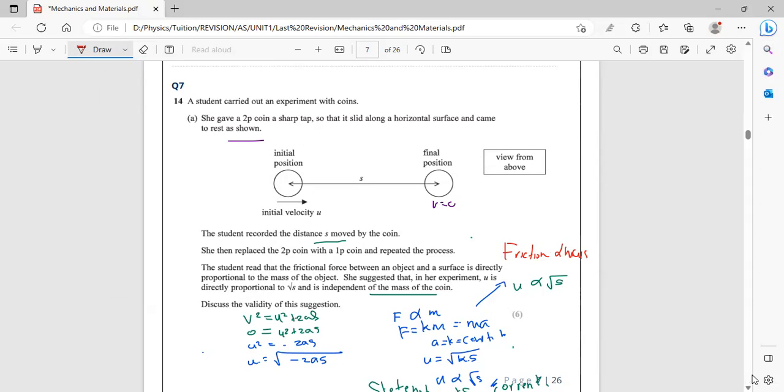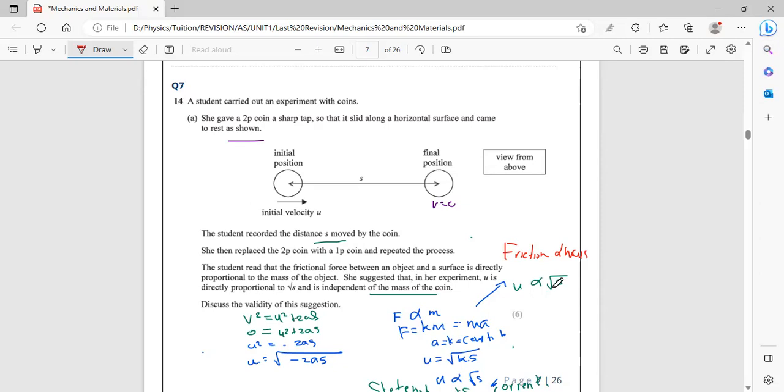When you're supposed to show this kind of relationship, we need to show that u is directly proportional to square root of s. And when you're supposed to show a relationship, you can make an equation. In that equation, u must be directly proportional to square root of s, and m should cancel out, because u is independent of mass.